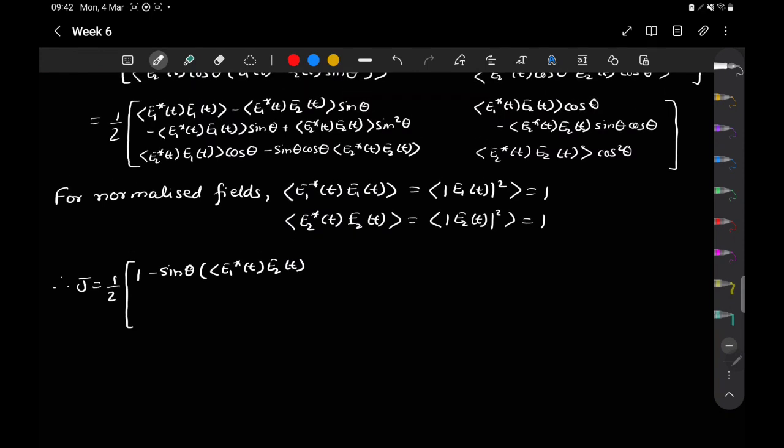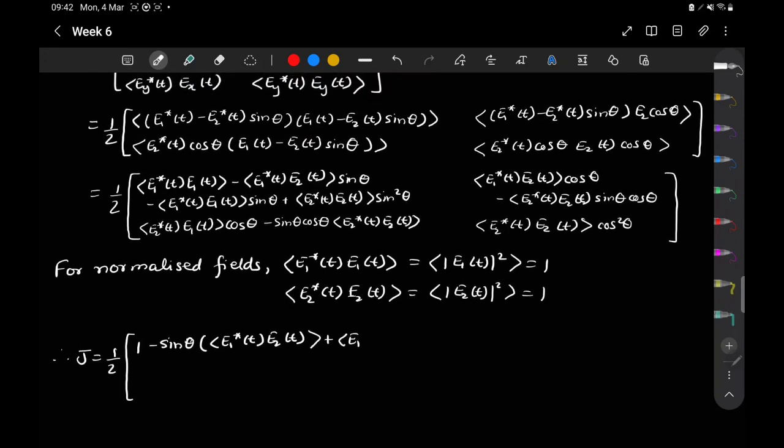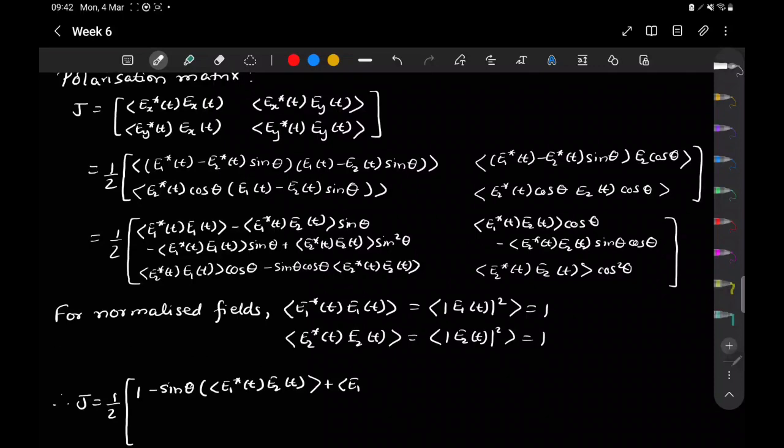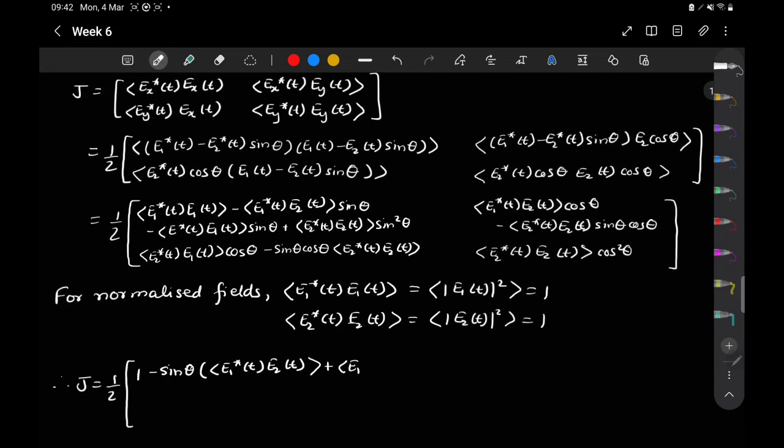So wait, let me E1 star E2 transpose plus E2. Okay, wait. I have made a mistake somewhere. This should be E2 star E1 transpose.